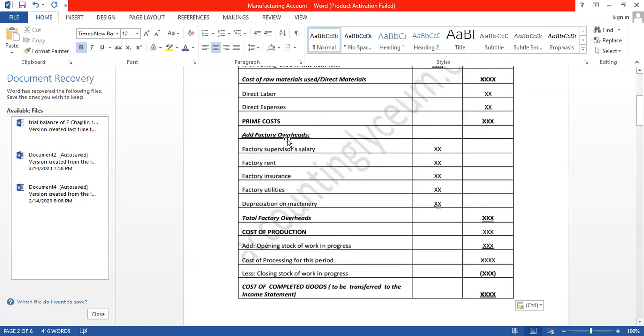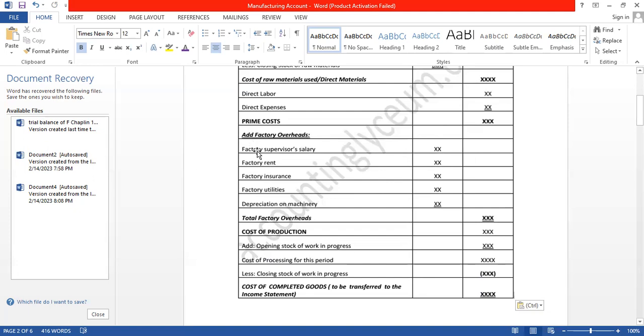The next thing you have is add factory overheads, and this is underlined because it's a heading. Notice the colon? Good. So everything that comes under the factory overheads will be in the first column.